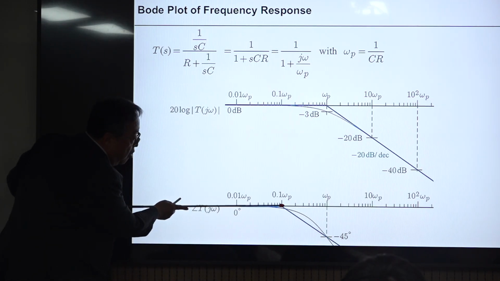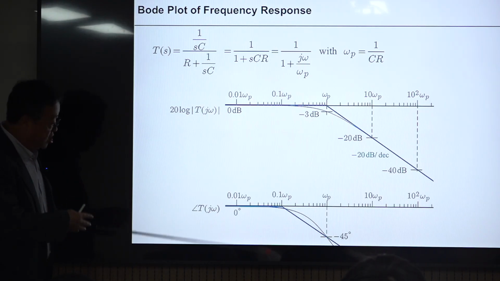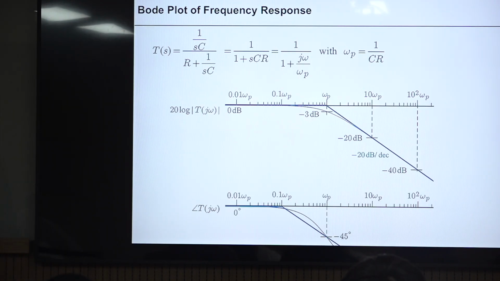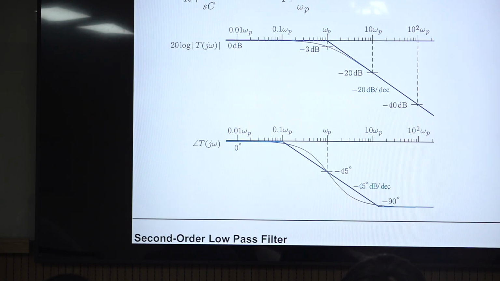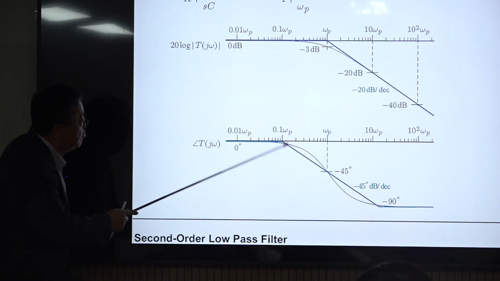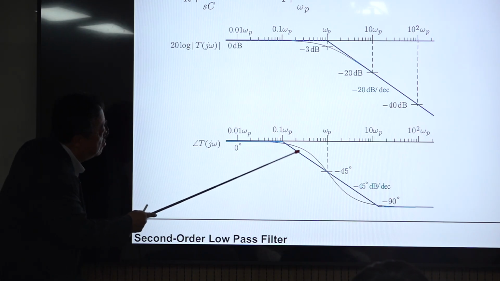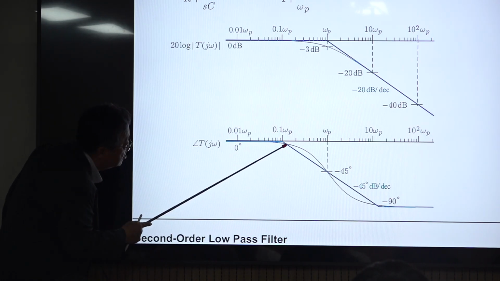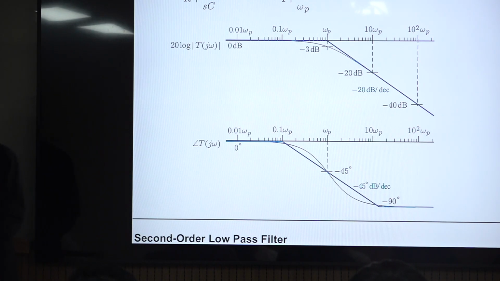Okay, phase, this is the pole frequency. At 1 tenth of the pole frequency, phase remains almost 0 degrees, and at 10 times larger than this pole frequency, phase reduces to minus 90 degrees, and we draw this linear line here, and this is the exact curve. There is some deviation, error, but we already know this.